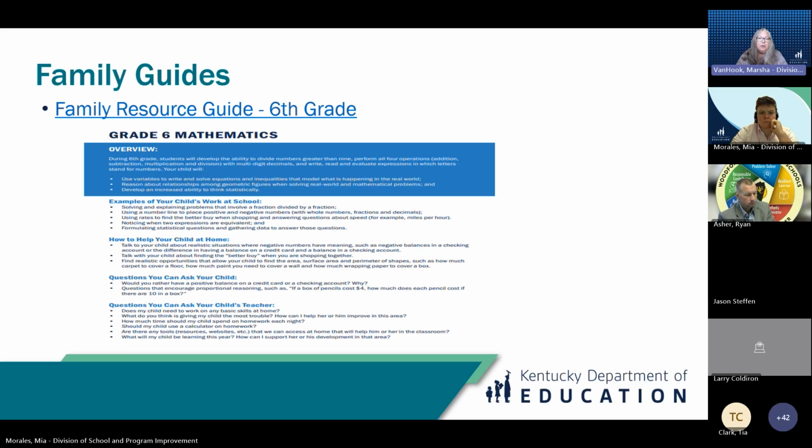This is one that I really wanted to highlight in that family guide. This has been so well received and kind of shocking that a lot of folks, even educators, didn't know this existed. So I wanted to make sure to highlight this. In the family resource guide, you can click on any grade level, and there's reading and math. And you can see by looking at this, the overview kind of describes what they're going to be learning. And then there are examples of your child's work at school, what you might expect to see as a parent, and then how to help your child at home, and then questions you can ask your child.